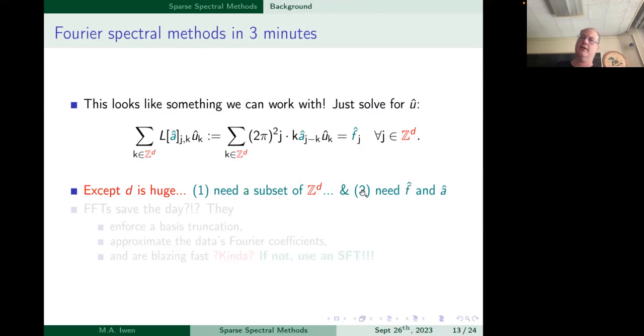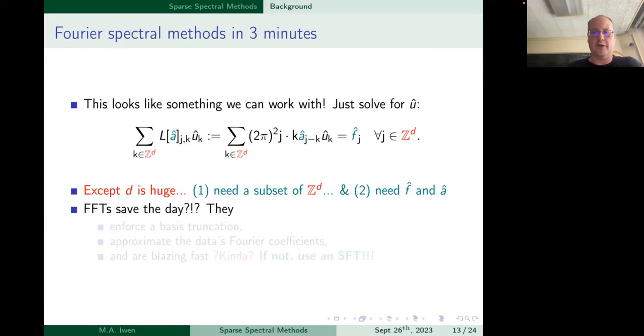And even in this situation, finding the Fourier coefficients of f and a can be challenging if I only have sampling access to f and a, and D is 1,000 or something really huge. I mean, it can be quite difficult to find these Fourier coefficients. All right, so what you would generally do is hope that some type of FFT variant would save the day.